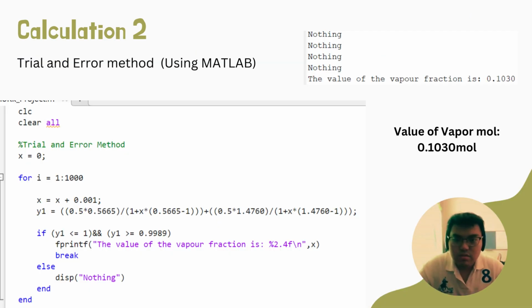So in this solution, we calculate the mole of vapor by using the trial and error method in MATLAB. The big figure shows the MATLAB programming, and after the results come out, it says that the value of the vapor fraction is 0.103 mole.